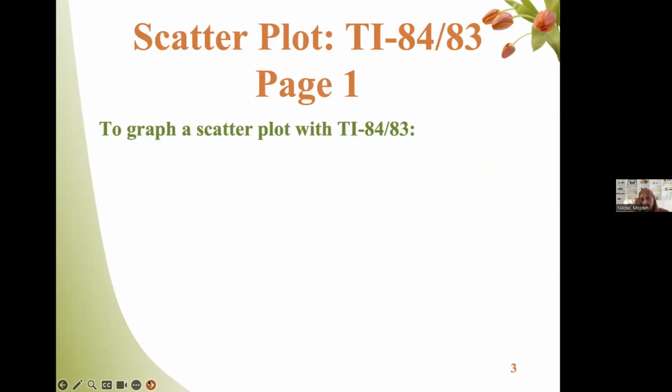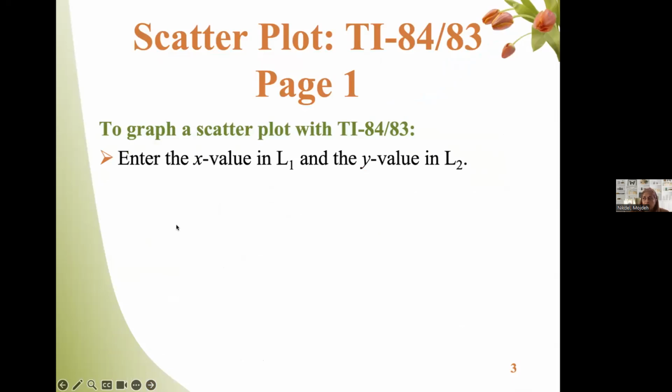Okay, how do we create a scatter plot with our calculator? First of all, you're going to have a set of ordered pairs. You're going to enter the X values in list 1 and Y values in list 2. First, I'm going to explain it, then I'm going to bring my calculator and we're going to go over an example.